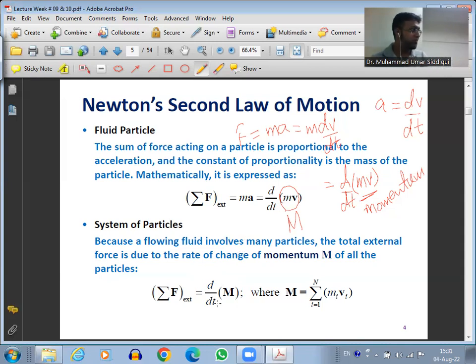So the rate of change of momentum of all the particles is going to provide us the total force. Total external force equals d/dt of momentum, and this should be the summation of all the momentums, obviously.